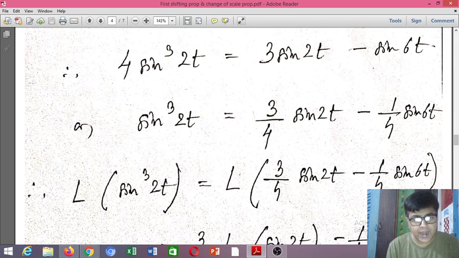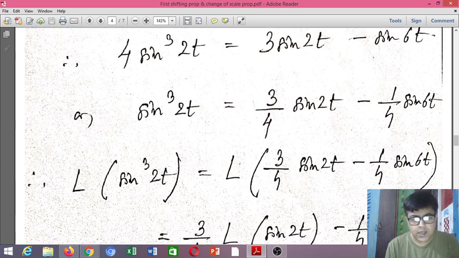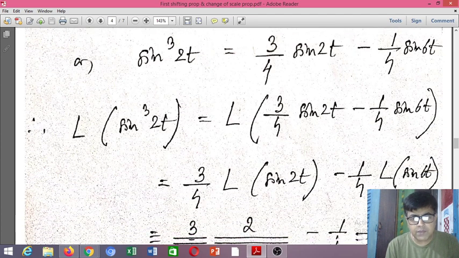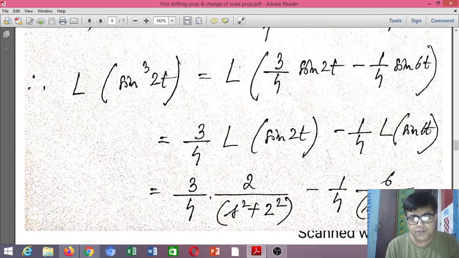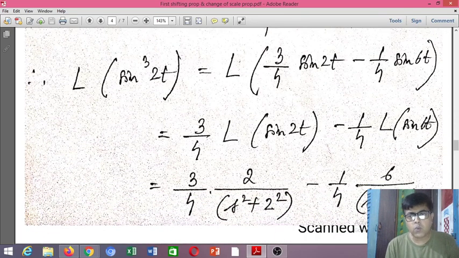Once you have done that, you are in a position to find the Laplace transform of sine cube 2t. If you take Laplace transform on both sides, we get L of sine cube 2t equal to L of 3 by 4 sine 2t minus 1 by 4 sine 6t. As simple as that.